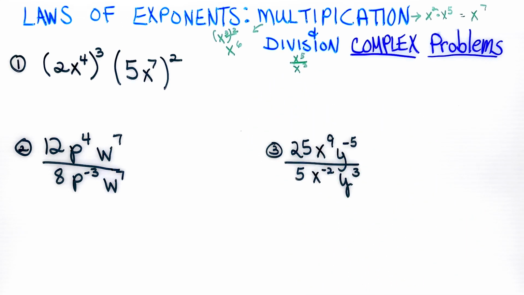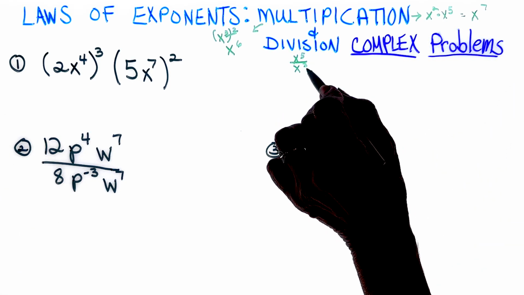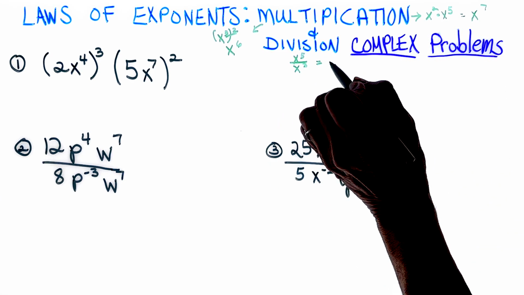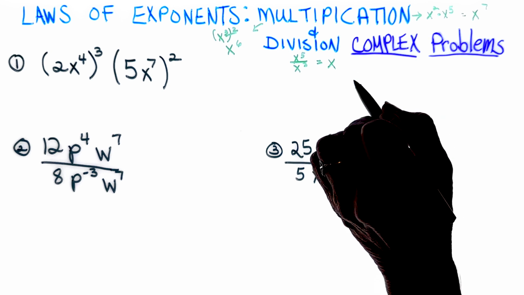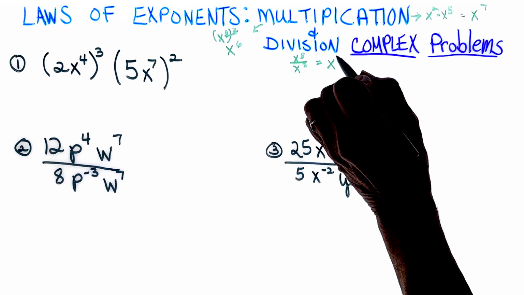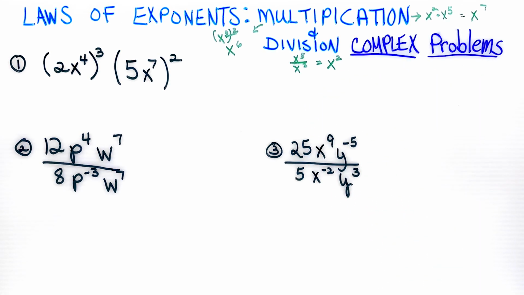Well, remember, that is a fraction, so we subtract our exponents, so it's x to the 5 minus 3, which is 2. Just a little brief review for some of our exponent rules, and I'll be mentioning things as I am actually teaching the lesson.